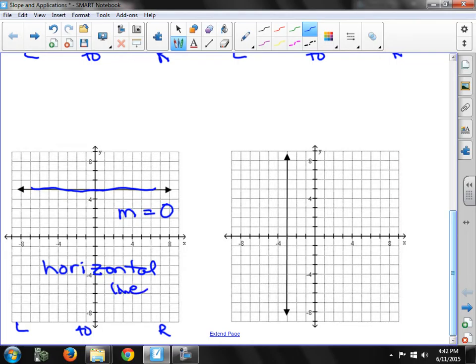In the last example, looking at this from left to right, notice it is straight up and down, or it's a vertical line. In other words, the slope is always going to be undefined.